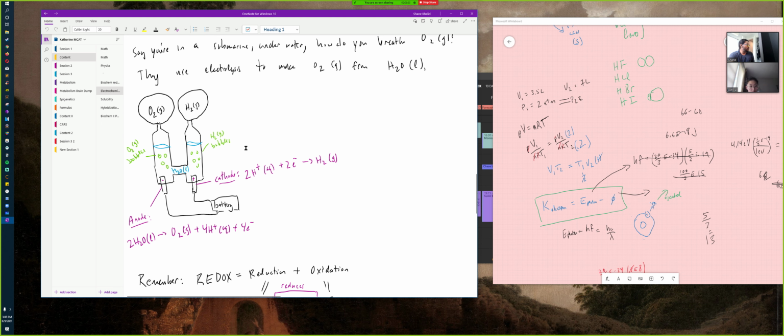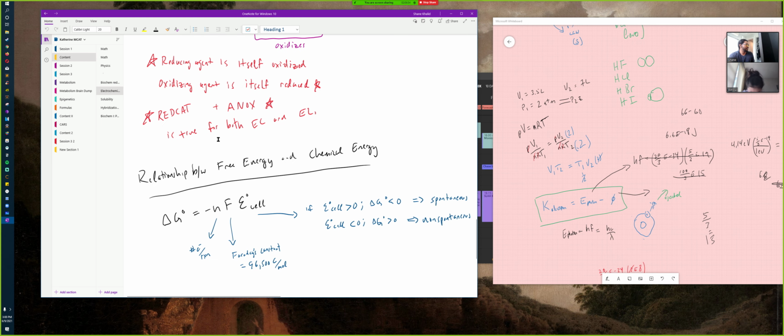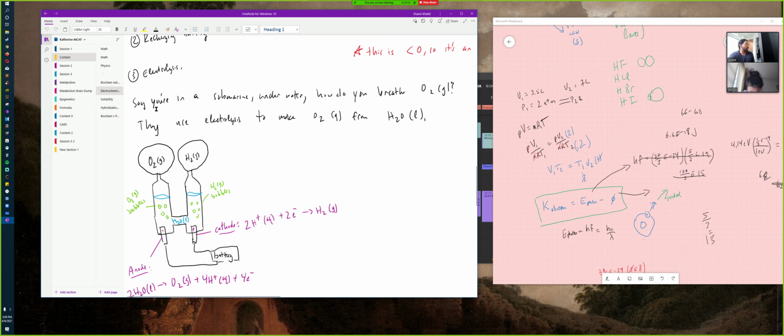And I remember we had a question about this before, where in some process of making ammonia, they use electrolysis. I wrote, say you're in a submarine underwater, how do you breathe oxygen? They use electrolysis to make oxygen from H2O.